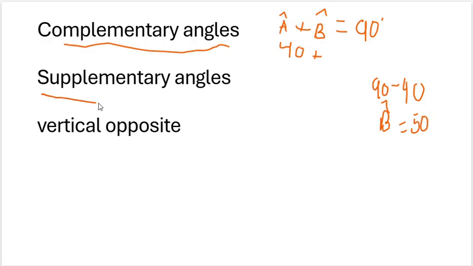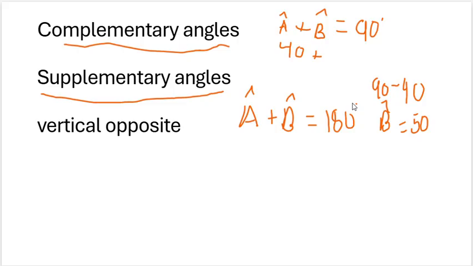Now, supplementary angles are when you have angle A plus angle B, and it adds up to 180 degrees. So if A was 90, B will also be 90, because 90 plus 90 equals 180. Complementary, it's 90. Supplementary, it's 180.